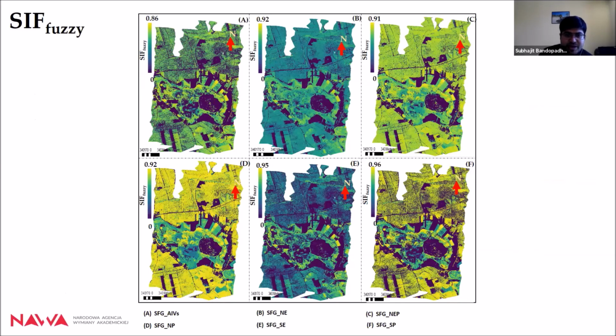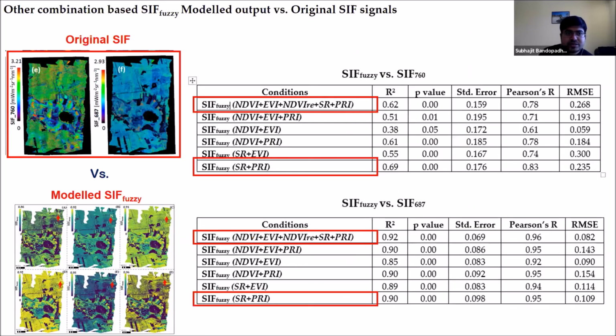Here are the SIF fuzzy maps derived at 6 different combinations, and this is the validation of the combinations. Here you can see we have the original SIF maps at both oxygen absorption bands, and we also have the model data. We compared with the first combinations. We found a high correlation of 0.62, and the simple ratio and PRI also give a good correlation for 760 SIF.